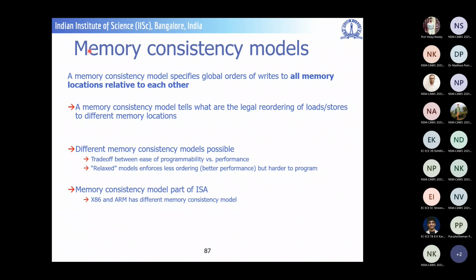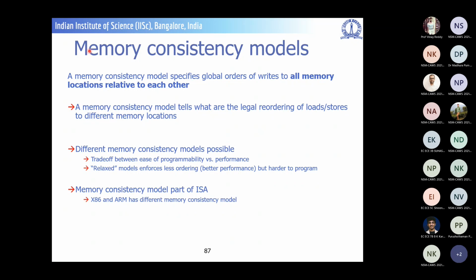Now it's not like there is one memory consistency model that is used by everybody. It depends from processor to processor, and that is a trade-off. Typically, the stricter models make writing multi-threaded programs easier. But that also limits performance optimizations in the hardware, which means it can make things easily programmable, but at the cost of performance.